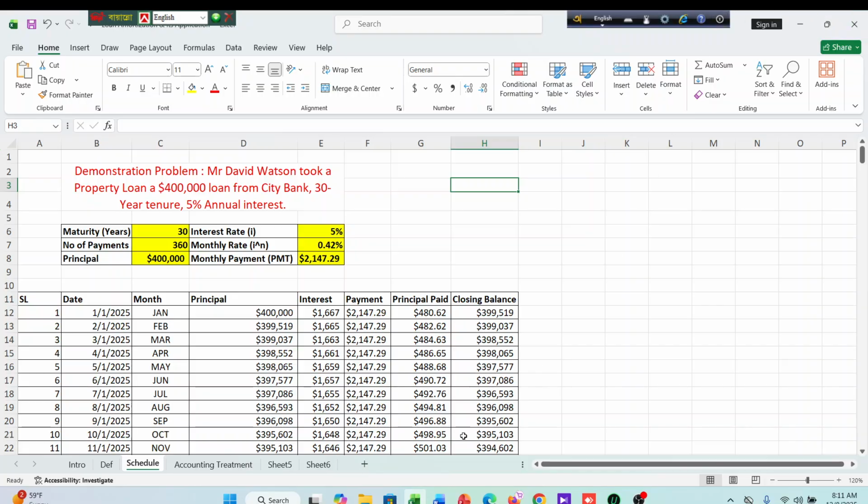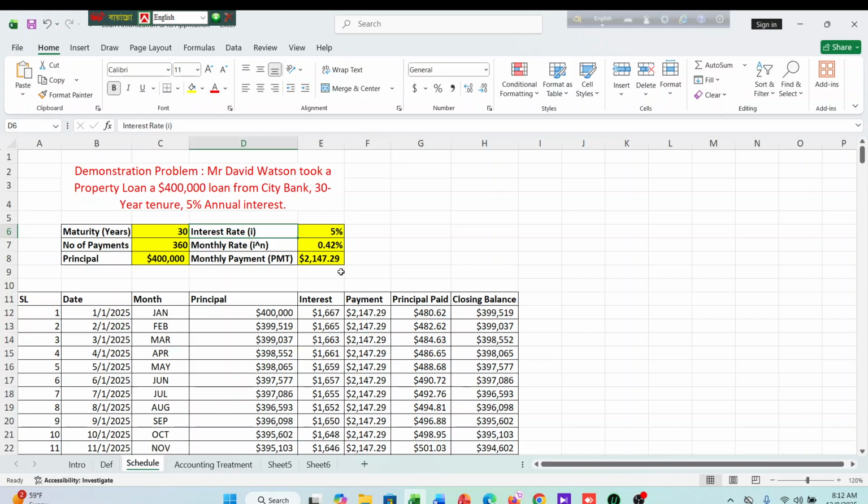Whenever you would like to calculate a loan amortization, first of all you have to calculate the maturity. Maturity here is 30 years, and 30 years means how many months? Number of payments will be 30 times 12, which is equal to 360. What will be the principal amount? 4 lakhs US dollar. The bank told you that you have to pay 5% interest monthly.